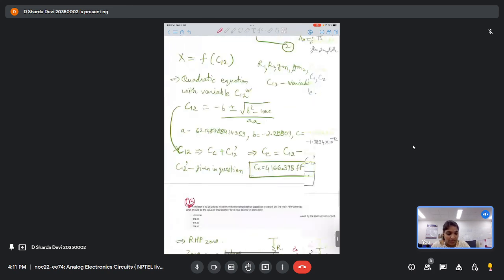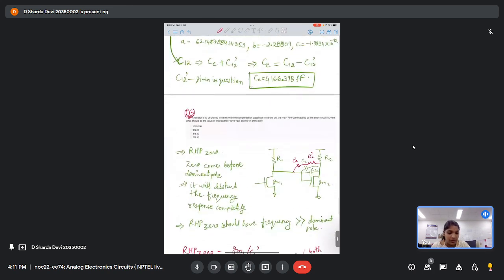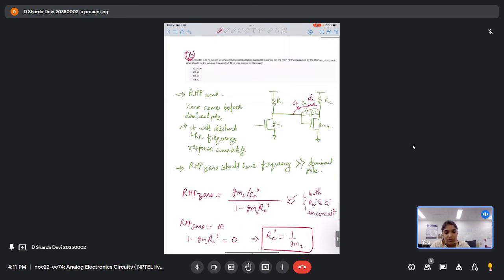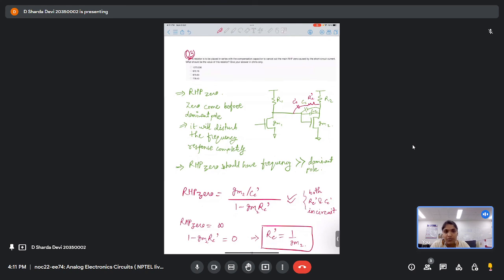Now the next question was regarding the right hand plane 0 that appears because of this compensation capacitance. So how to mitigate this problem? For this we'll use a series resistance in series with the shunt compensation capacitance so as to move the 0 far away from the dominant pole so that it does not affect our frequency response.